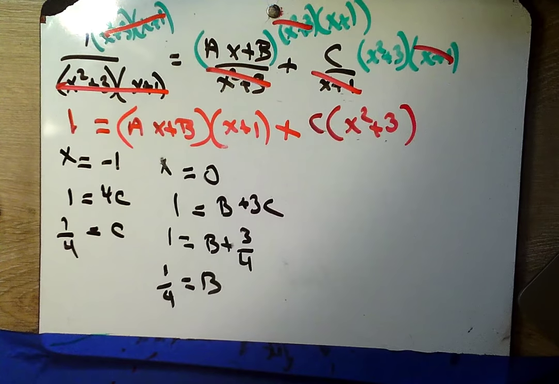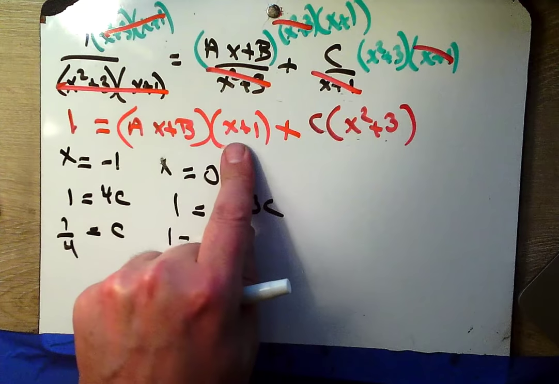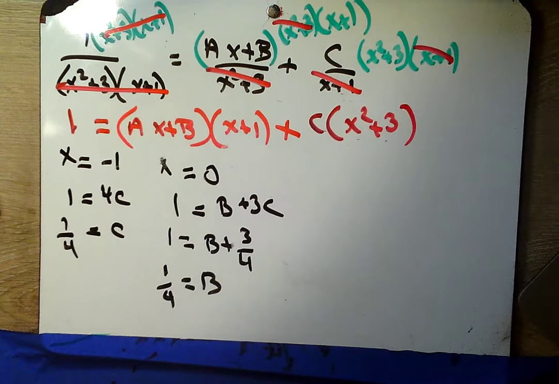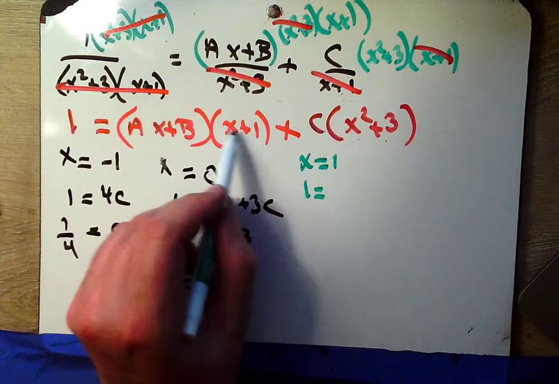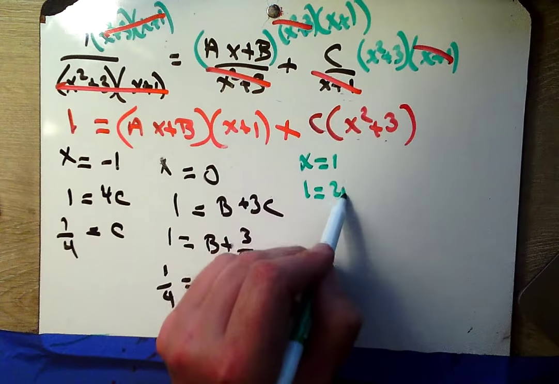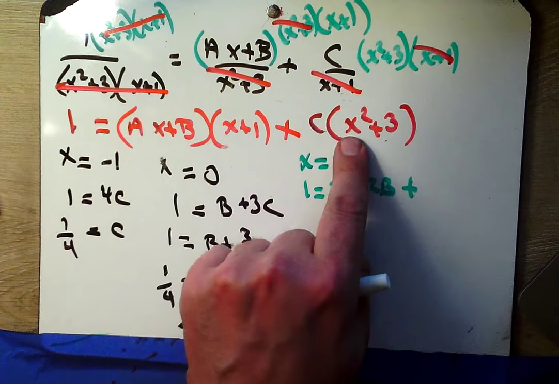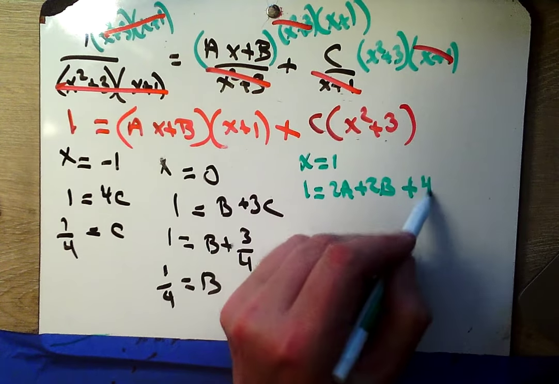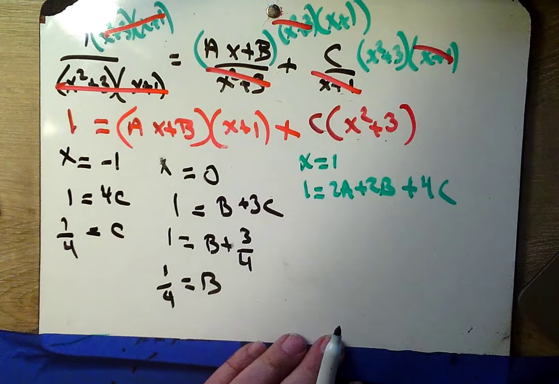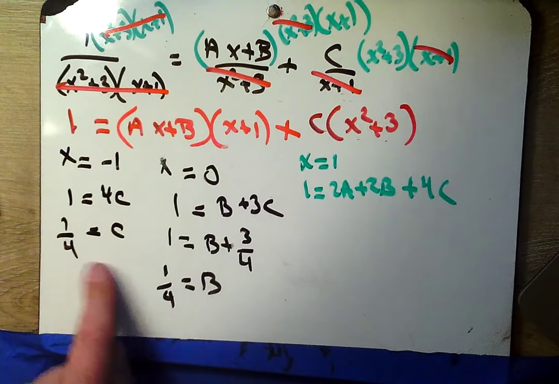Okay, now I need a not so magic number. I'm just going to pick x equals 1. So I'm going to have 1 equals a plus b times 1 plus 1 is 2. So 2a plus 2b plus 1 squared is 1 plus 3 is 4c. Luckily, I know b and c.